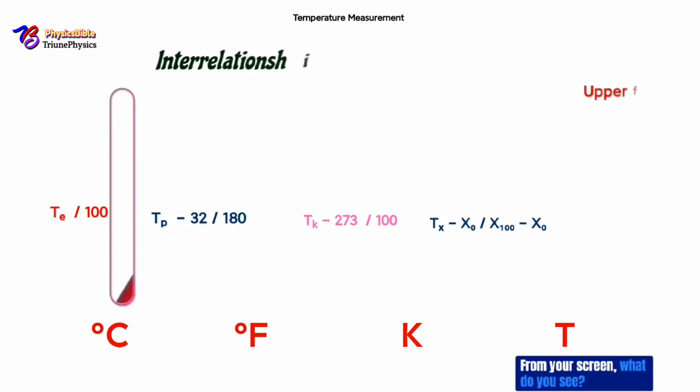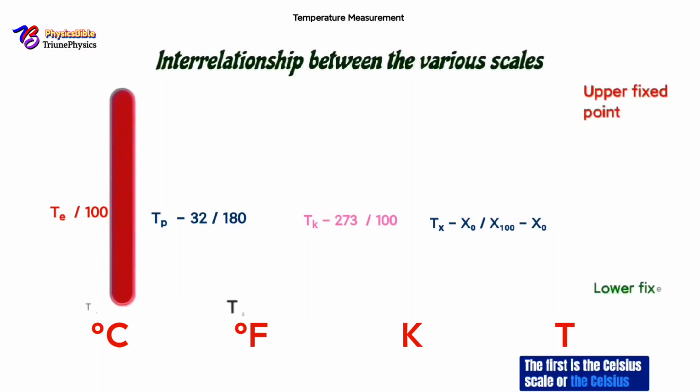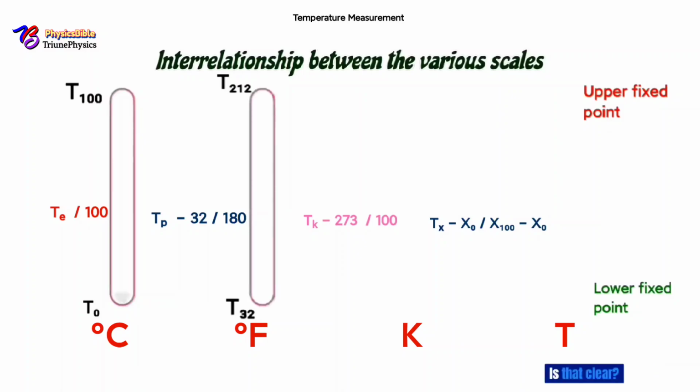From your screen, what do you see? The first is the Celsius scale or the Celsius thermometer. And you can see T of 0 representing the lower fixed point and T of 100 representing the upper fixed point. Is that clear? Then the next thermometer is the Fahrenheit scale.